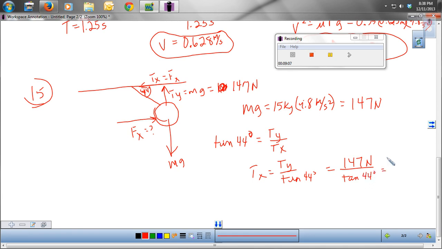I'm not finding what my answer was, I apologize. So 147 divided by the tangent of 44, and I'm not sure what that was, but if you have a calculator, you can find it. All right, please study.